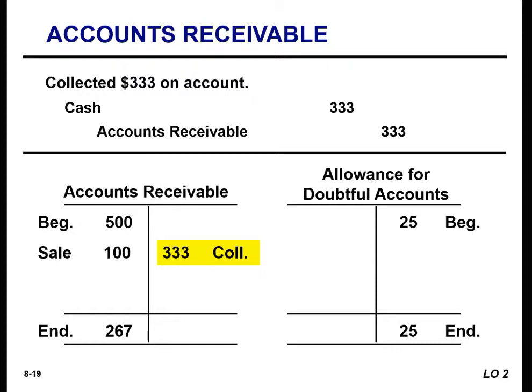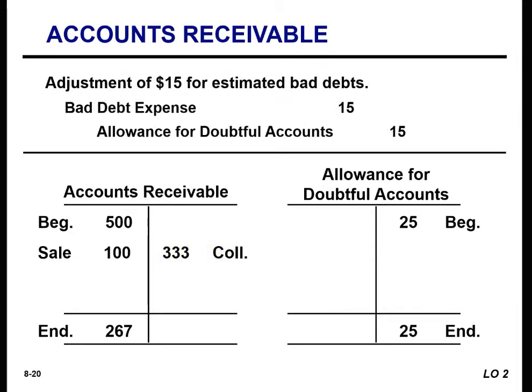And then let's assume that we are going to go into our estimation period, and we're assuming that there will be $15 of estimated bad debts. We don't know who. We don't know exactly which accounts. We just have an estimation of $15. So we post that over to the allowance account at this point.